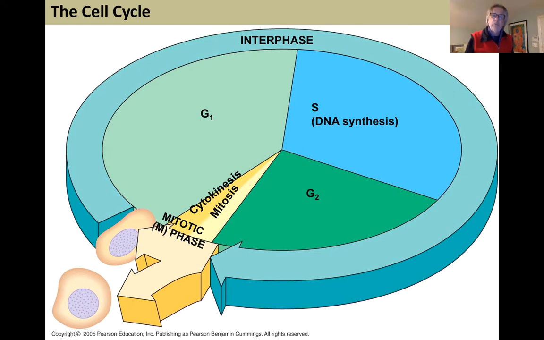And that's the phase during which both mitosis and cytokinesis happen. So the mitotic phase is that phase in the cell cycle where mitosis, the separation of DNA itself, of the sister chromatids, and that's the 3rd definition of mitosis, and cytokinesis, the separation of cells, occurs.